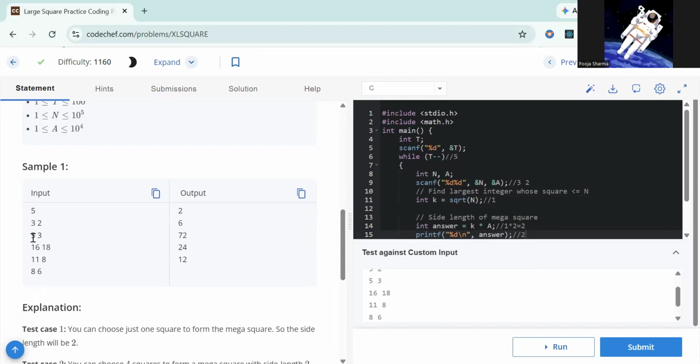Now let's come back here. 5 and 3. We have already discussed 5 and 3. When you do this, you first have to do the square root of 5, and then multiply that number with the other number.